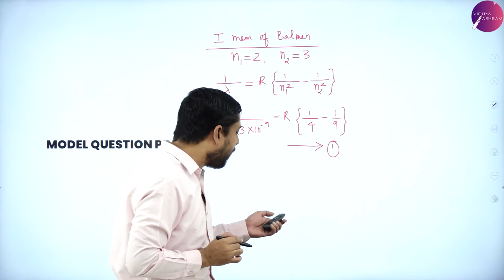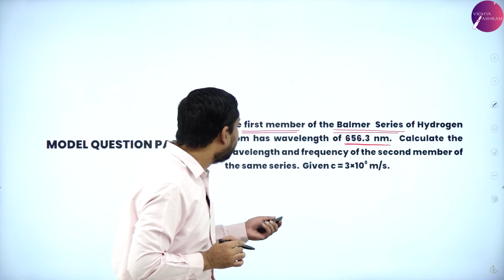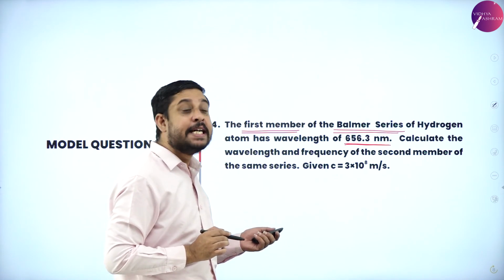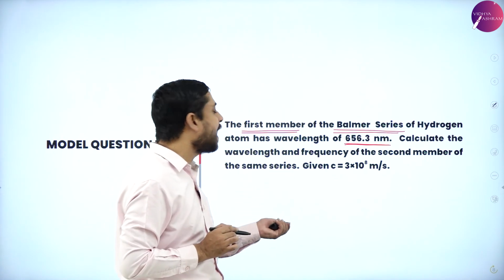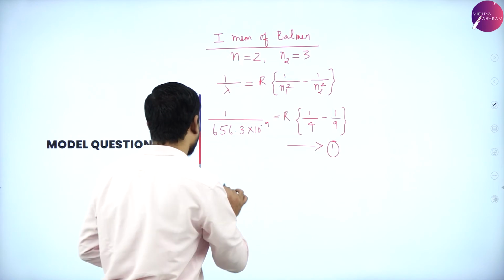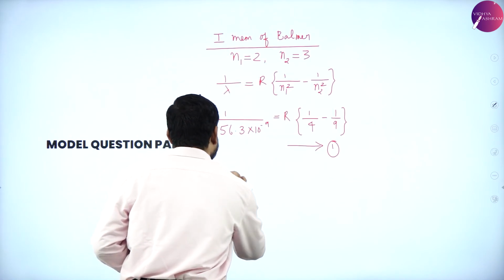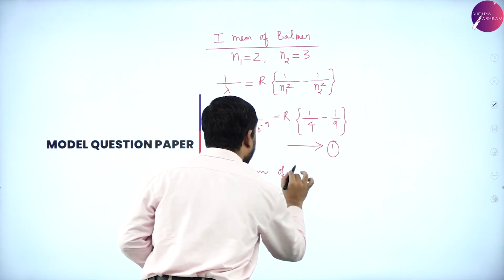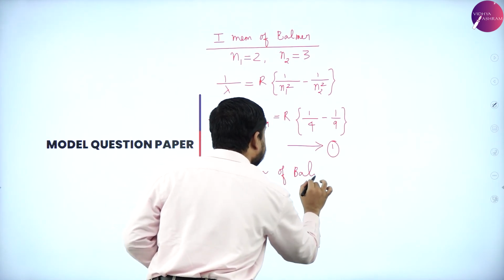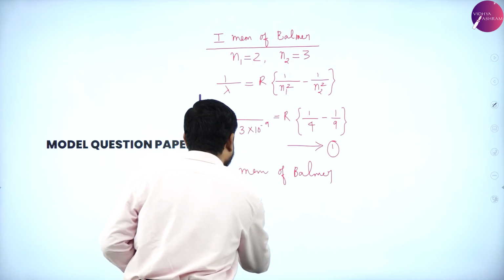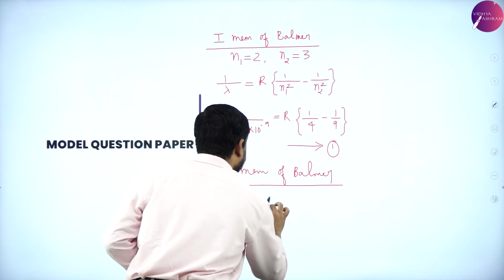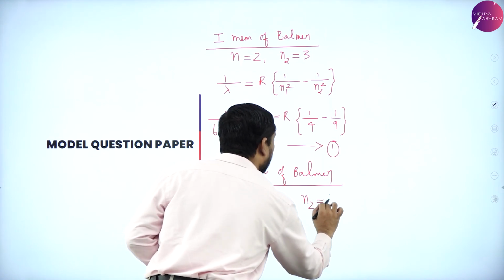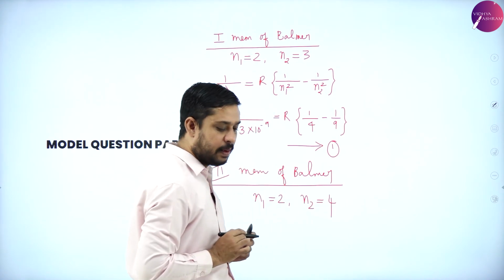I have to find the wavelength and frequency of second member of the same series. So for second member of Balmer series, N1 is 2 and N2 is 4.